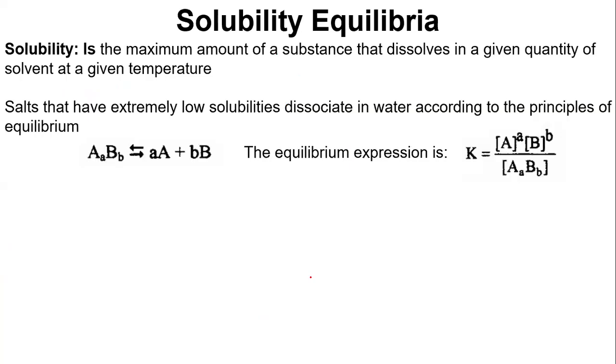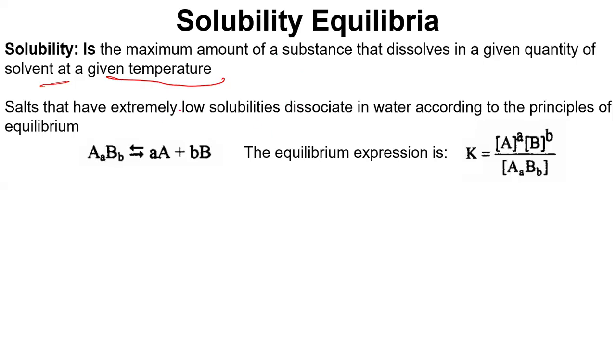Solubility equilibria. So this is a new concept that we are introducing ourselves to. When we talk about solubility, we are talking about the maximum amount of substance that dissolves in a given quantity of solvent at a given temperature. So the maximum amount of solute that will dissolve in a given amount of solvent at a given temperature is the solubility, right?